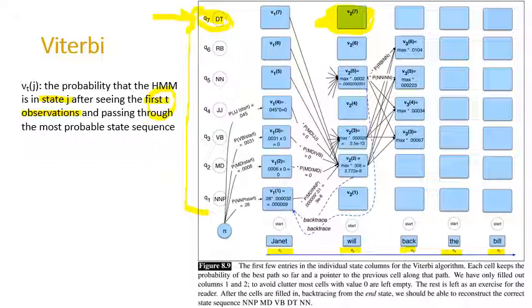So we only record the best sequence probability that has led us to a particular position. It may look a bit complicated, but actually it's quite simple. We'll see in the next slides how to compute these values.